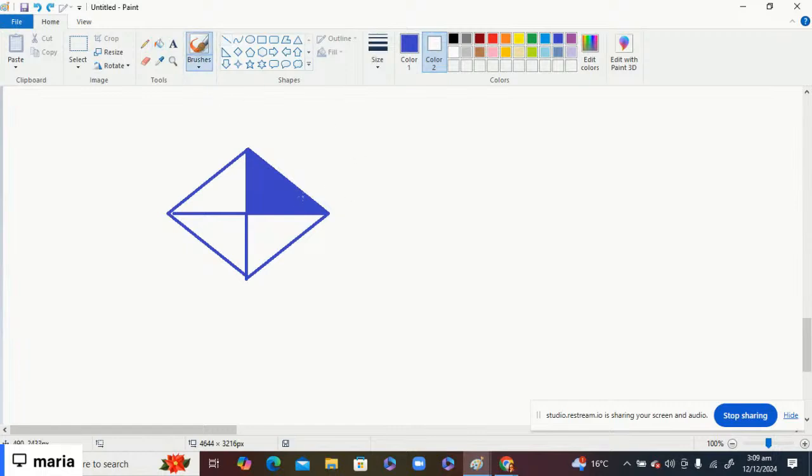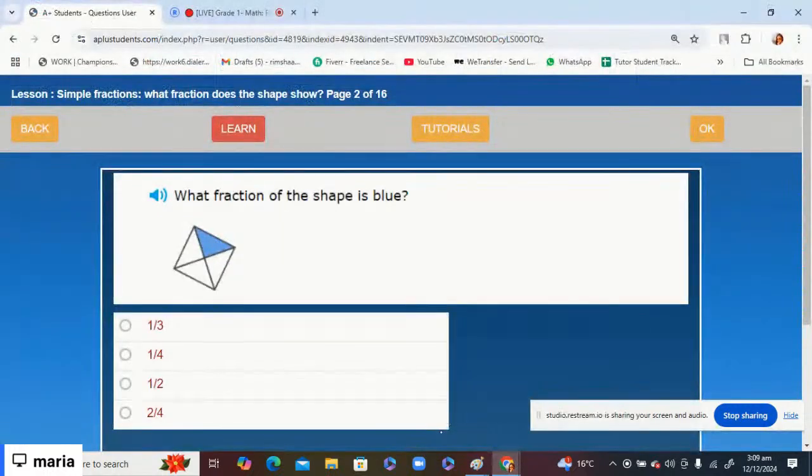So first of all, we are going to count how many total parts are there. This is 1, 2, 3, and 4. So putting 4 in the denominator, and how many parts which is blue? Only 1. So it's 1 by 4. So we are putting in 1 by 4 here.